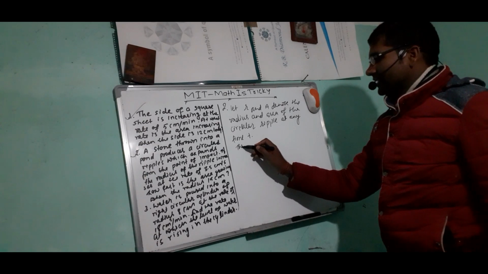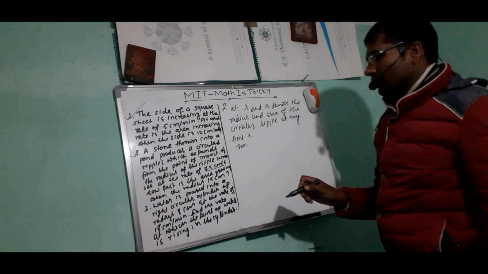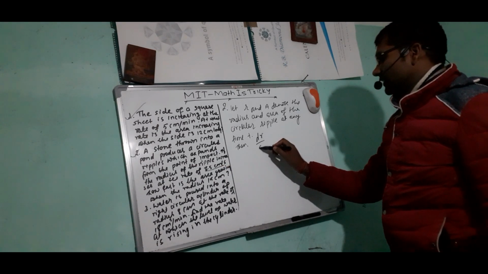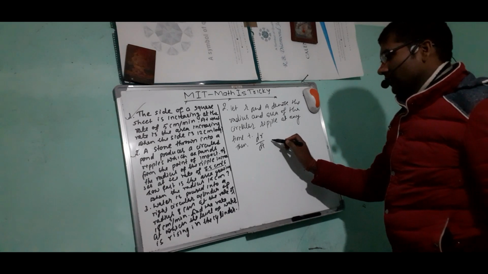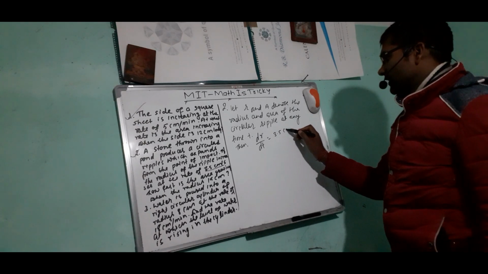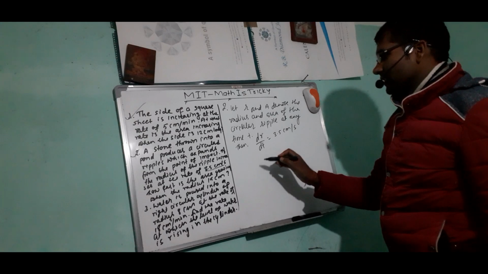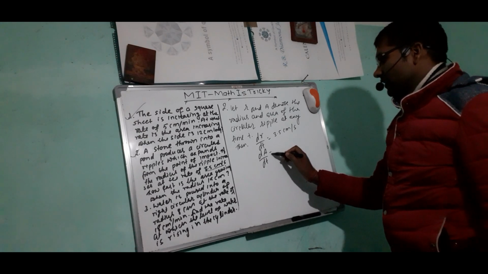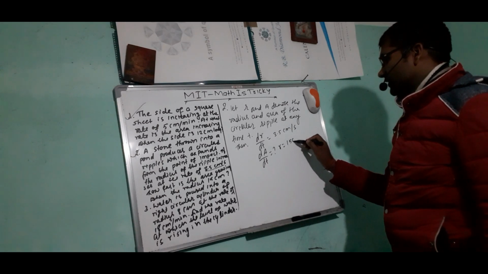Then let's write down what is given. We are given dr by dt equals 3.5 cm per second. How fast is the area growing? dA by dt we have to find, equals what, when r is 15 cm.